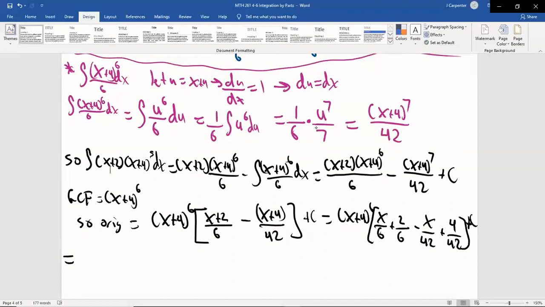Admittedly, you don't have to. There is another way to do it, but reducing these is not a good idea because you'll be combining like terms. So you want to get an LCD, which for the x's is 42. For the constants, admittedly, it's 21. But let's just go with 42. So LCD of 42. So this becomes (x plus 4) raised to the 6th, bracket.